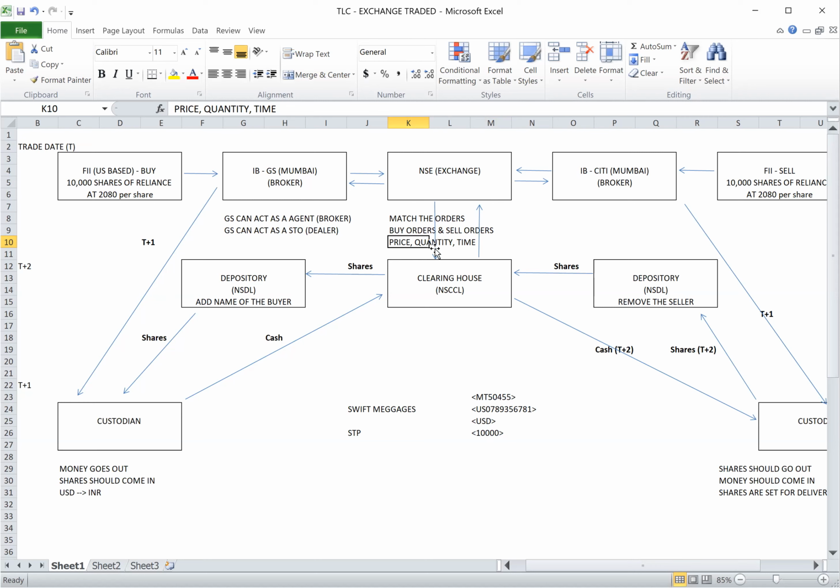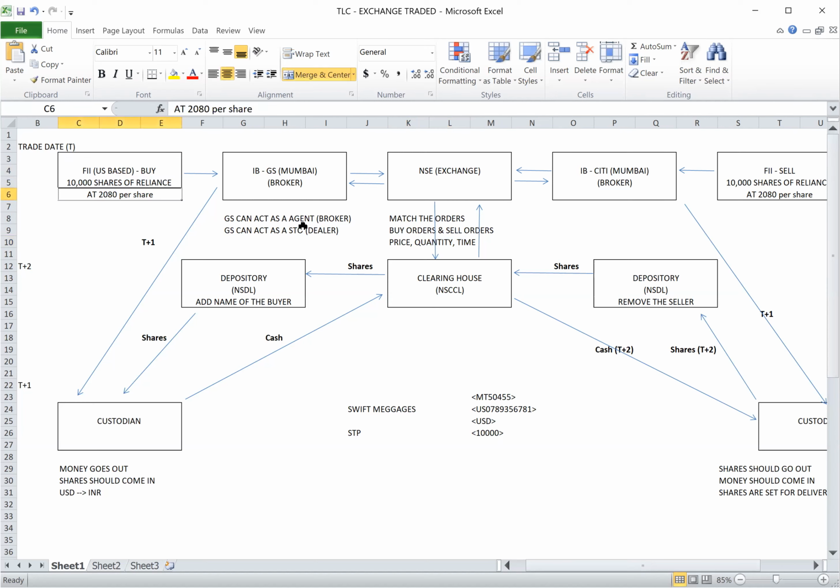Then if the price is the same, those orders would be given priority for which the quantity is more. Thirdly, if the price and quantity both are the same, then those orders would be given priority which came earlier. First come, first served basis. So based on various rules, the order matching will happen. So let's say their order is matched.